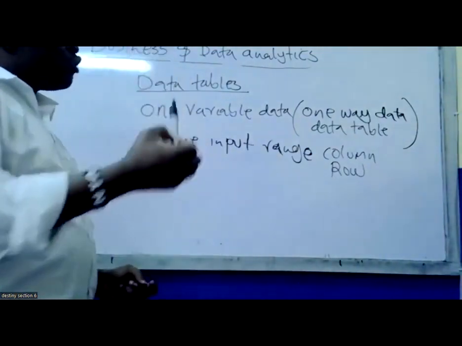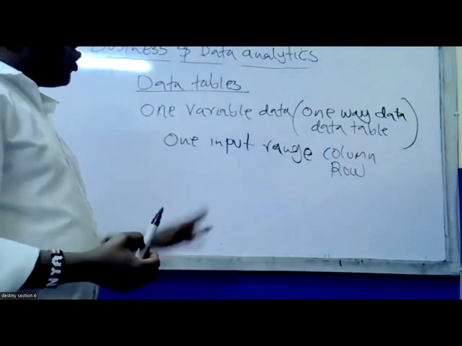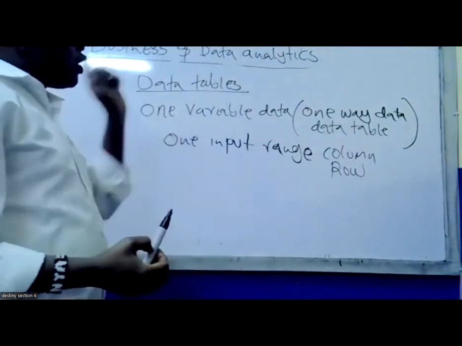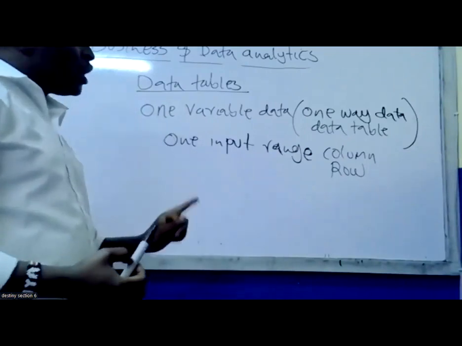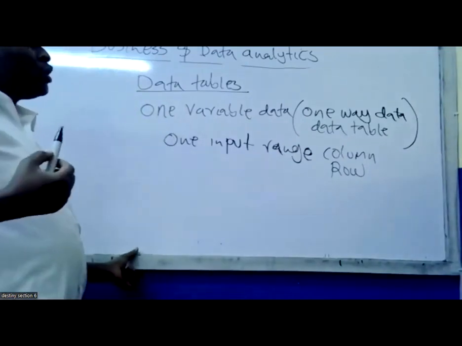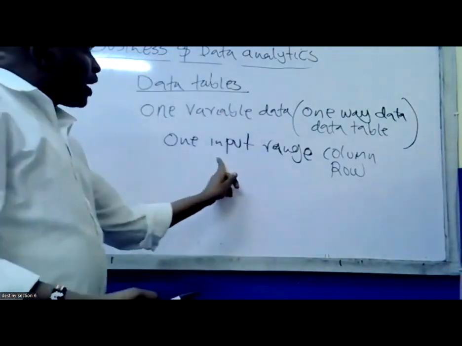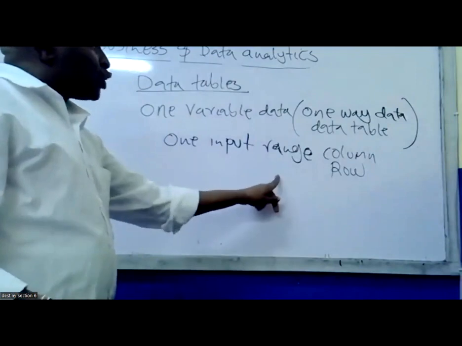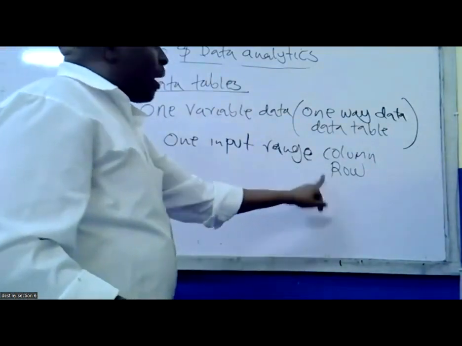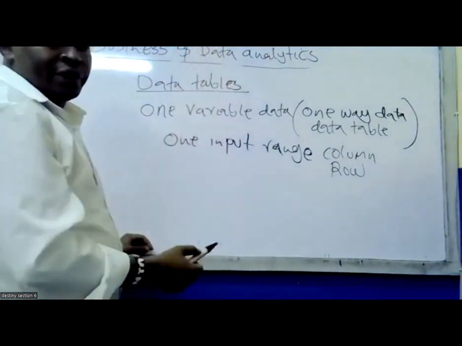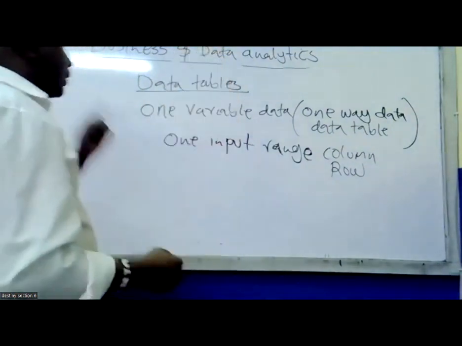So if we deal only with a one variable data table, we are using only one input range, which will assist us to solve many other problems. It can be either a column or a row. It doesn't matter, provided it is one.